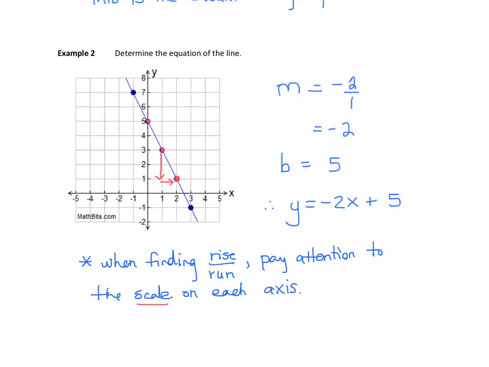In other words, sometimes your scale will be going up by tens or up by 100 and so on, and you need to take that into account when you are finding the rise and run. So each square does not always only represent 1. Okay, so you need to pay attention to what that scale is. And that concludes this lesson.